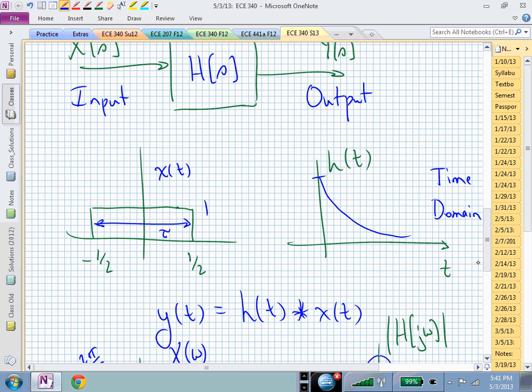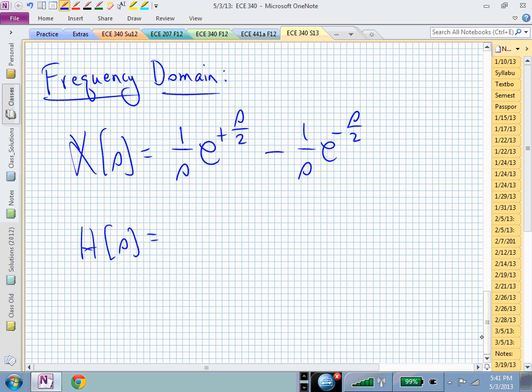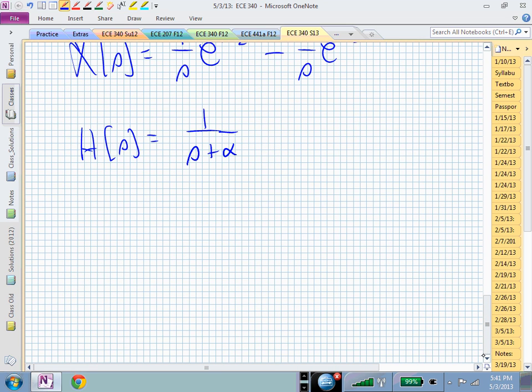If this is now a first order system, h of t, let's say this is now some e to the minus alpha t, what would you have for H of s? You now have a 1 over s plus alpha. And you could then find the total solution.